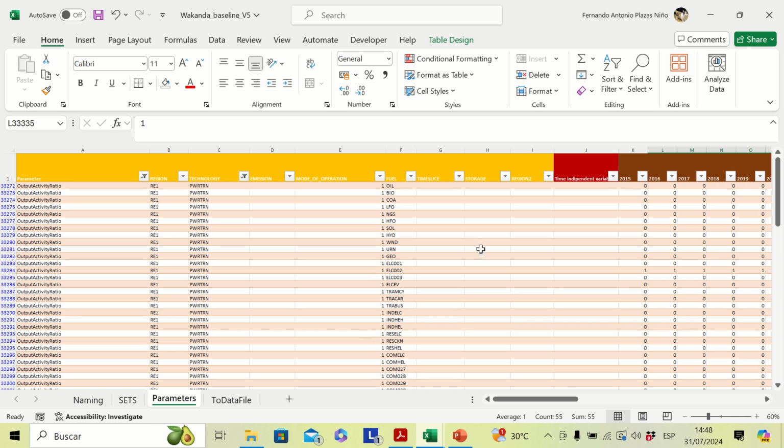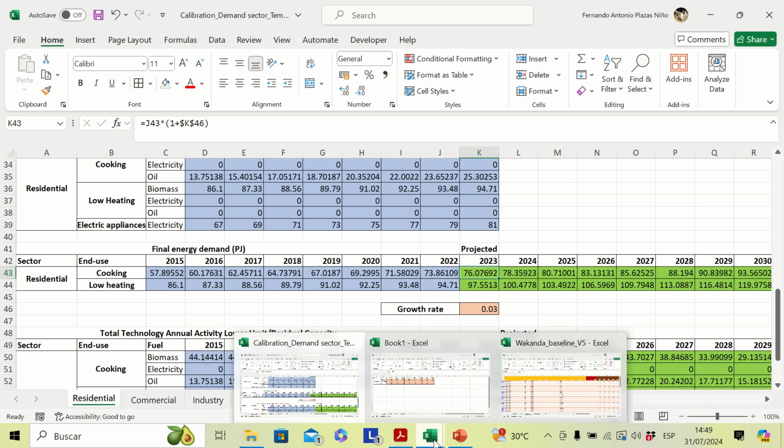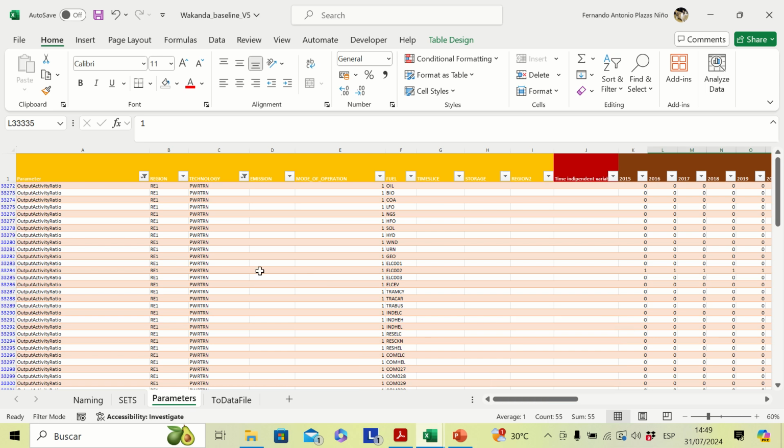Okay, so now first of all, we need to calibrate the demands. So here we have the calibration of these demands. In this case, we have cooking and low heating. Something that maybe we need to do later is just to update the codification.